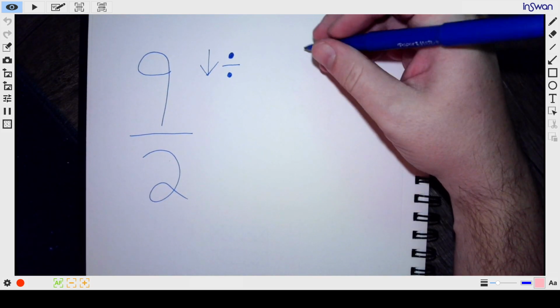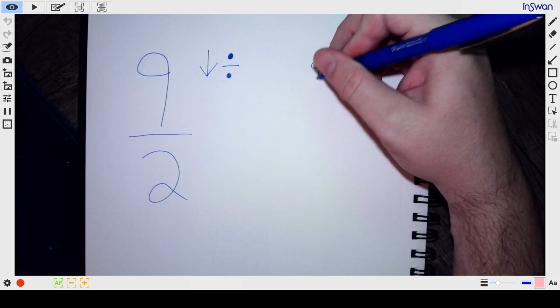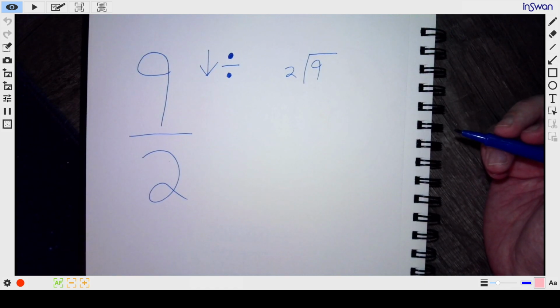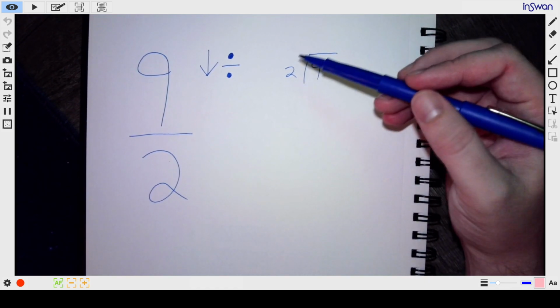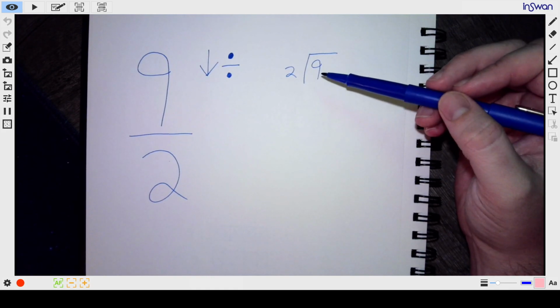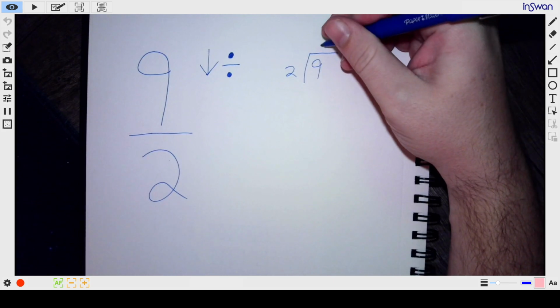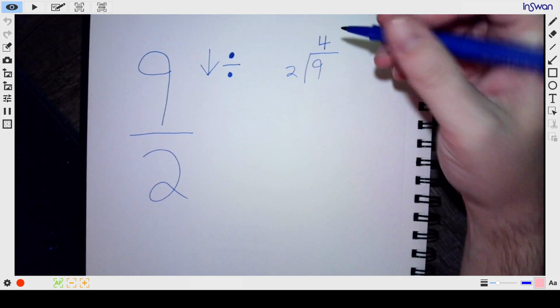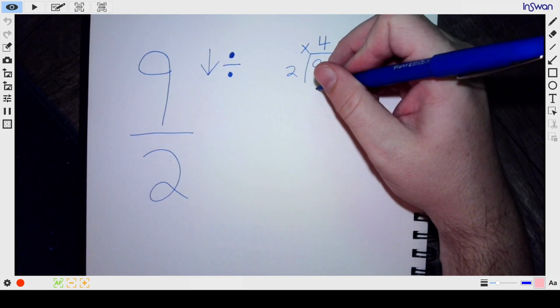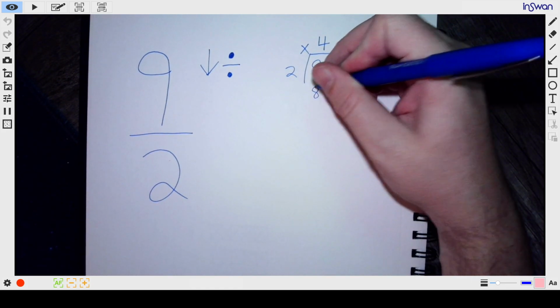So we're going to go over here and we are just going to work that out like a division problem. Okay? So 2 goes into 9. 2, 4, 6, 8 goes in 4 times. We multiply. 2 times 4 gives us 8.